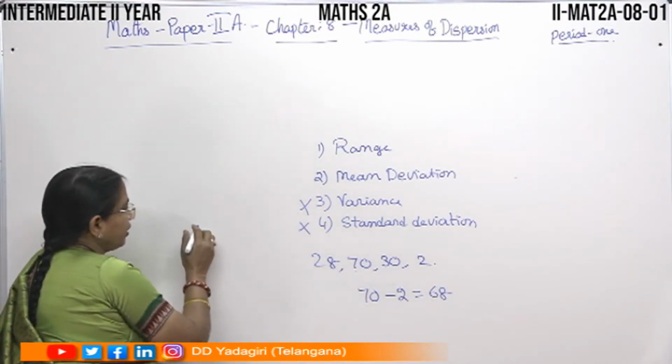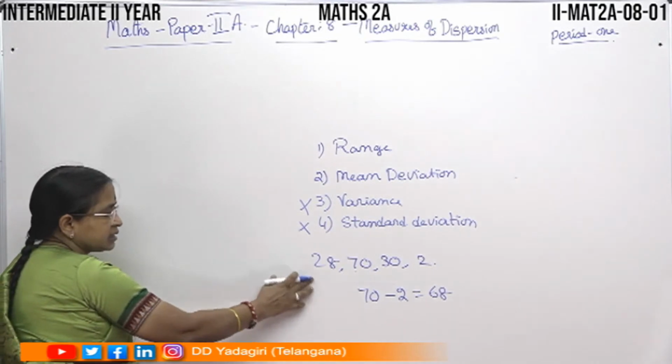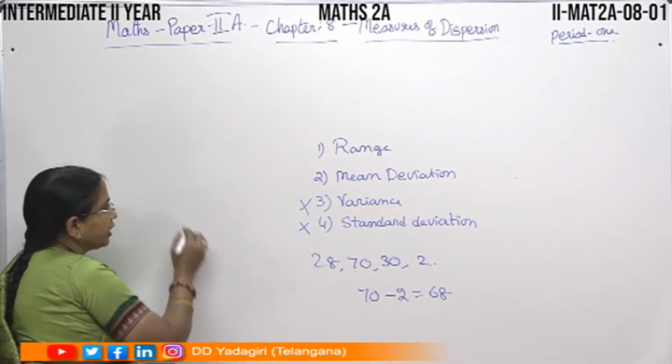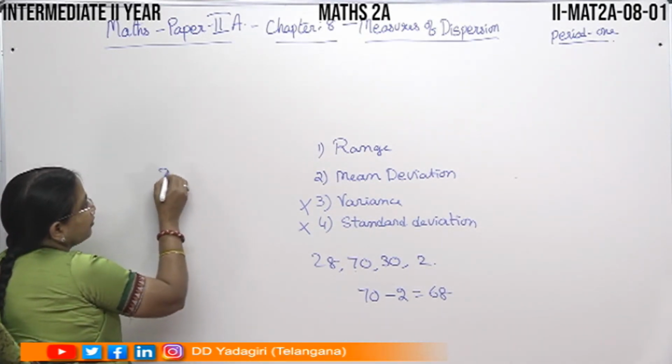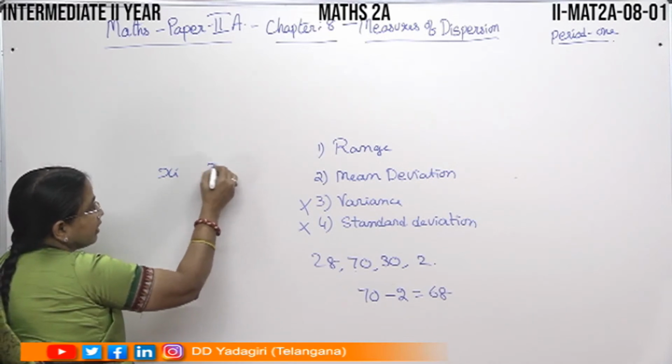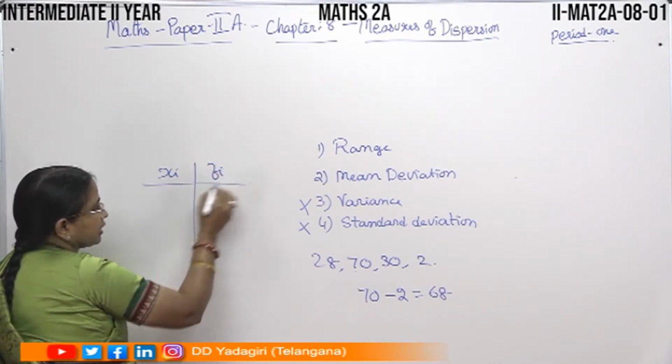Now we have another kind of data. This is just ungrouped data or raw data. We also have xi and fi, mid values, frequency table, like this.